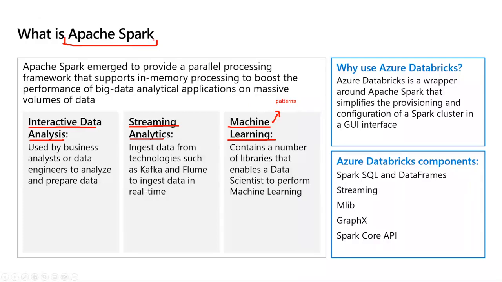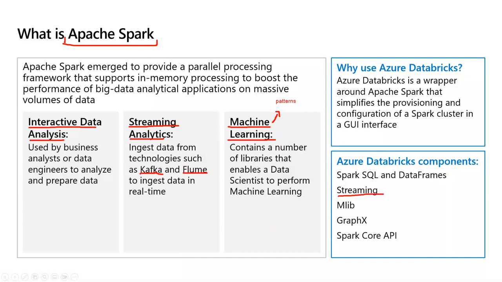So Databricks is really used by data scientists when you want to do some machine learning and when you are processing data streaming. Kafka and Flume are something very similar. It's actually the same thing as Azure data streaming, the one that helps you get your data streaming, streaming analytics.